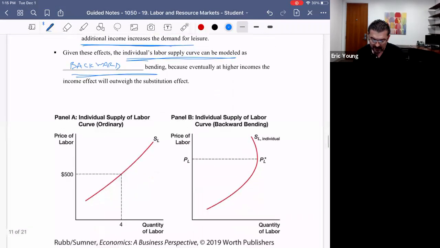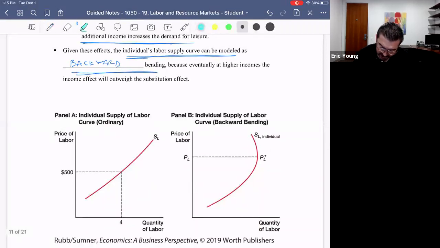In other words, if you take a look here at panel B, this is how we typically model the labor supply curve for the individual.